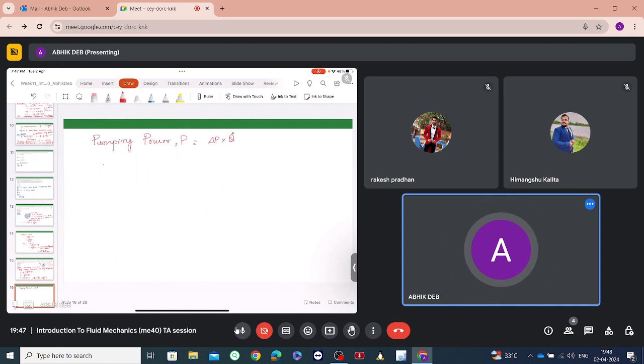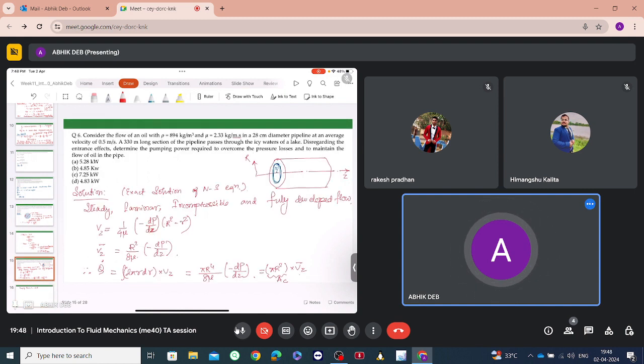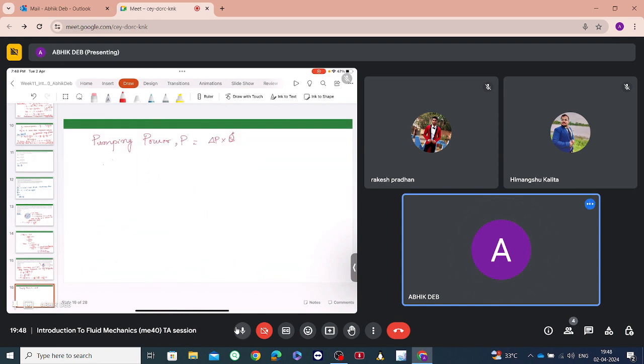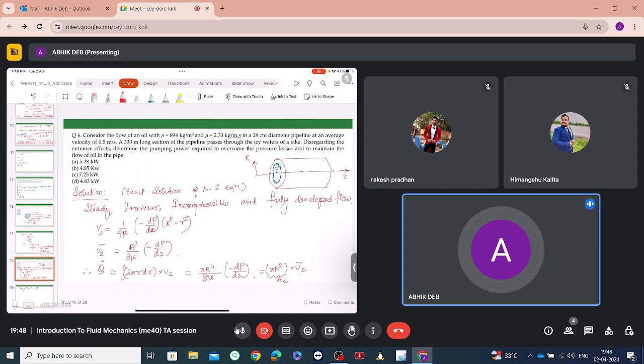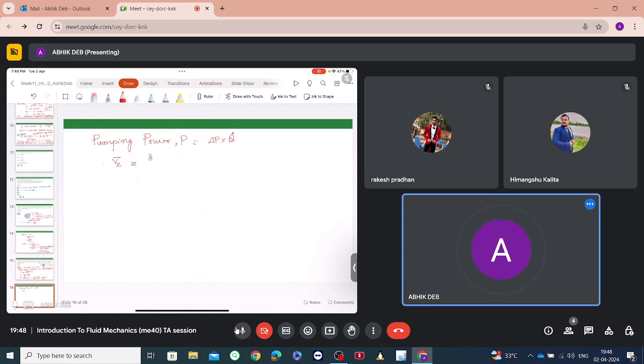We have got that the average velocity U is equal to r square by 8 mu minus of dp by dz. So in the direction of z, pressure is decreasing. So that is why this negative sign is coming.